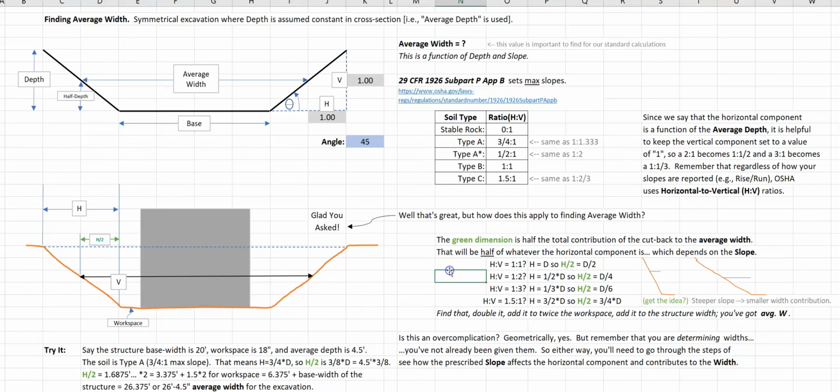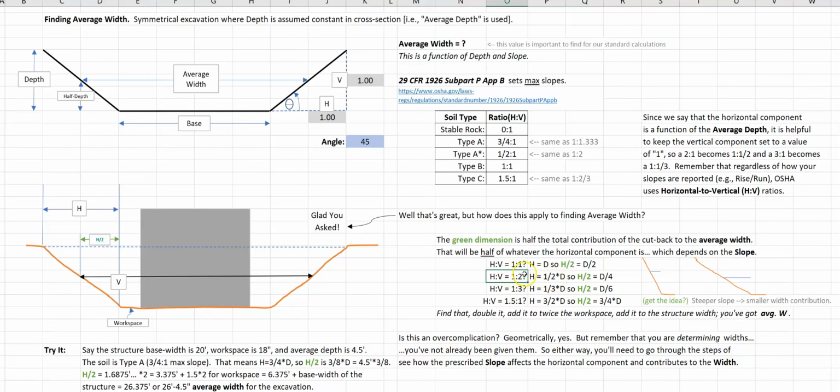I give you some examples here because this is really what catches people up when they're doing these calculations. So if you have a horizontal to vertical of 1 to 1, then the height is going to be that average depth. So half of the height is going to be half of the depth. Relatively simple. If it's a 1 to 2, then you have the height being half of the depth.